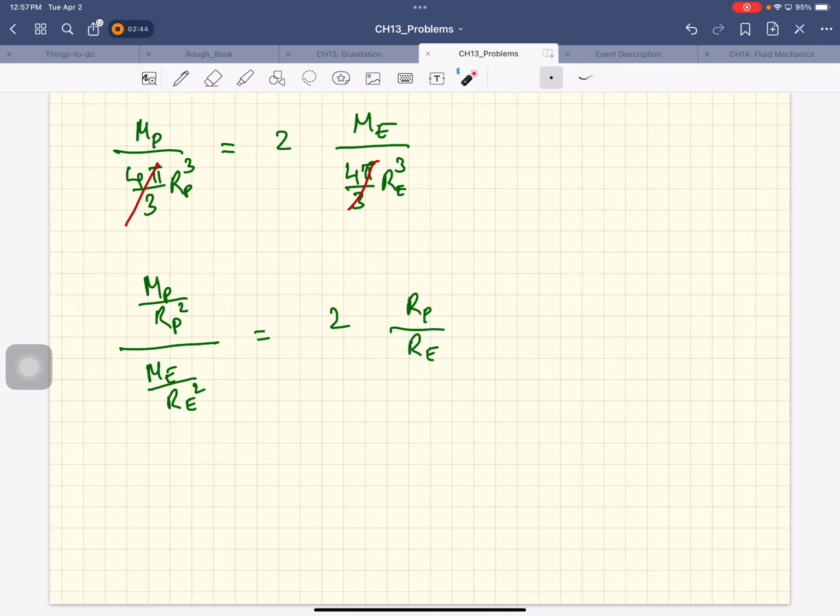Did you guys see what I did? So ME over RE square, I took that. All right, this is the same thing as MP over RP square divided by RP equal to 2 times ME over RE square over RE. Everybody see that? All right, and now I'll bring this down there, this over there. So this divided by this is 2 times that.